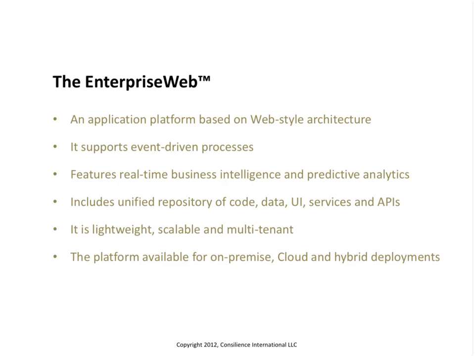So part of being event-driven, it allows us to take real-time business intelligence and predictive analytics and compute that analytics and business intelligence as part of deriving or returning a customer response to the business users, so that BI and predictive analytics can inform business processes.